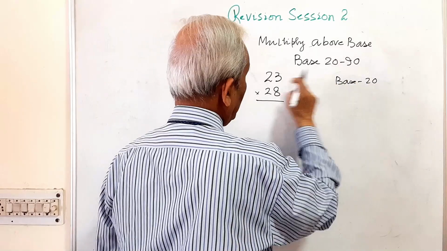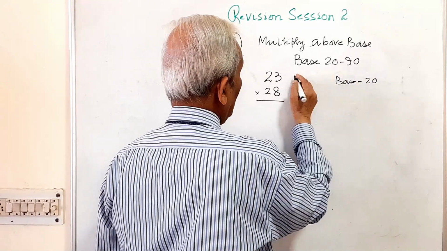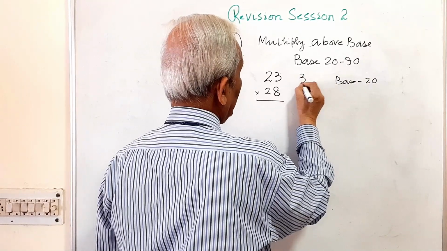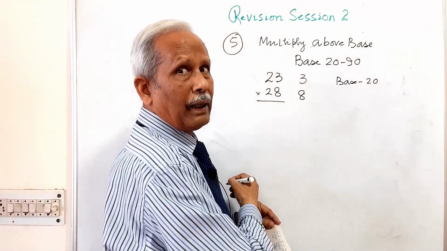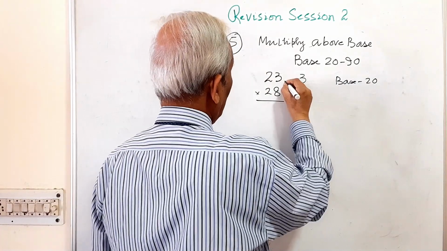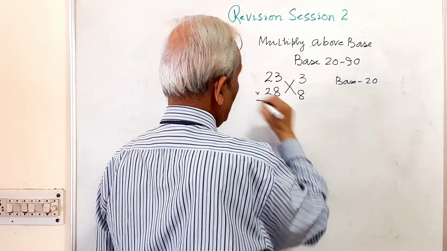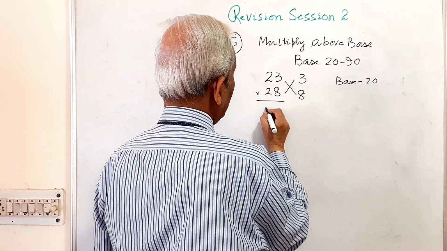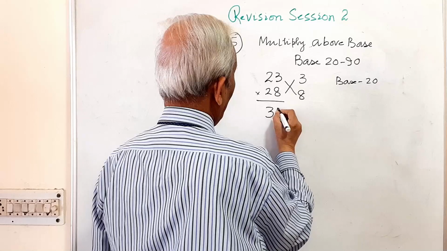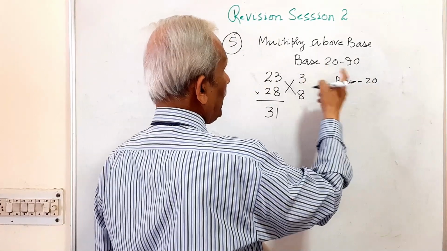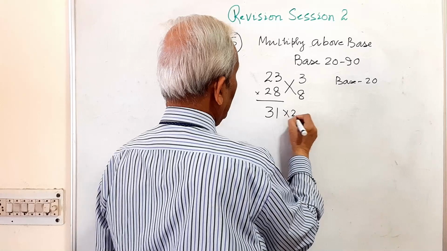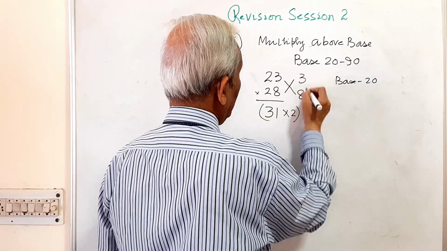What did we do now? 23 minus 20, number minus the base. 23 minus 20 is plus 3, 28 minus 20 is plus 8. Now cross addition, since this is positive. 23 plus 8 is 31. Since the base is 20, instead of 10, we'll multiply this by 2. And then 3 into 8 is 24.